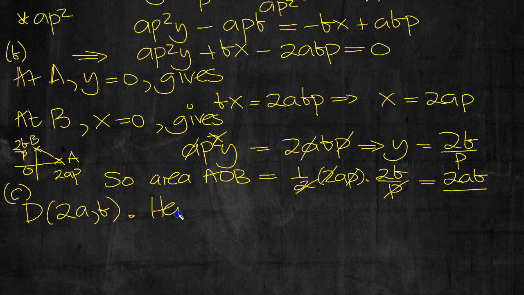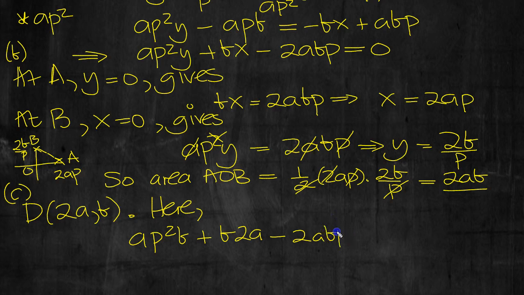So here, for the tangent to go through that point, we would need this to be satisfied, wouldn't we? So ap squared times the y value, which is b, plus b times the x value, 2a, minus 2abp equals 0.